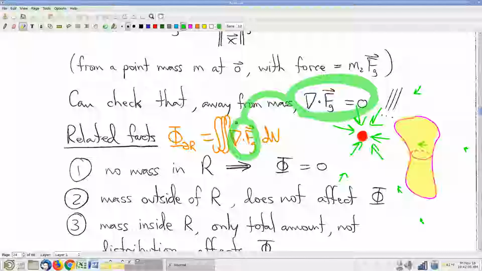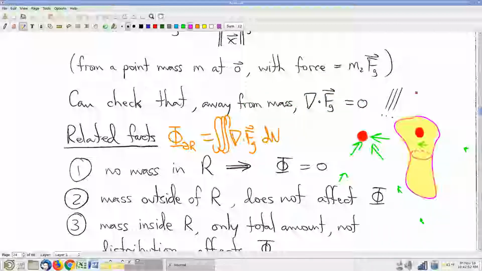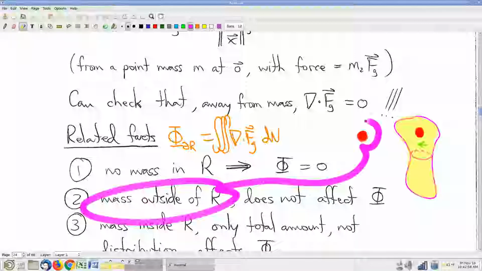A related scenario, suppose that there is some mass on the inside in addition to some mass on the outside. And I think this is also pretty plausible. All the mass that's on the outside, let me clean up my picture. This mass that's on the outside doesn't affect the flux.